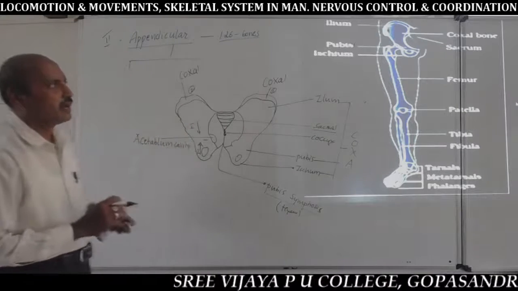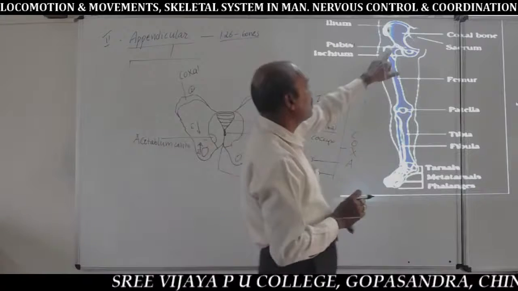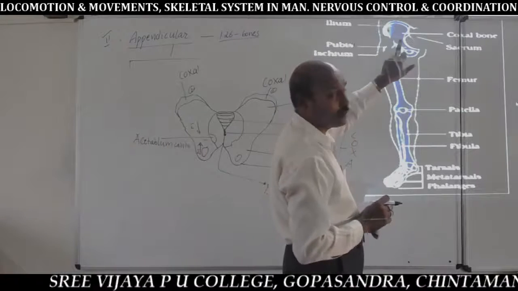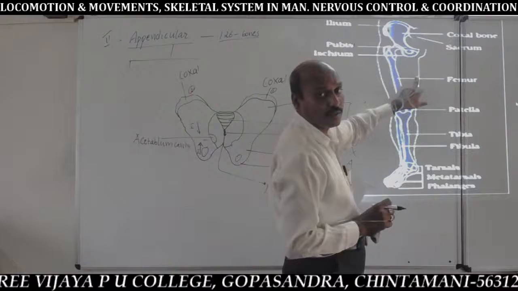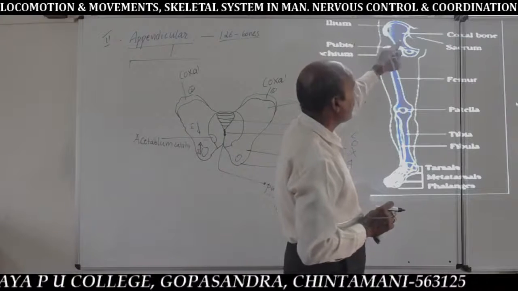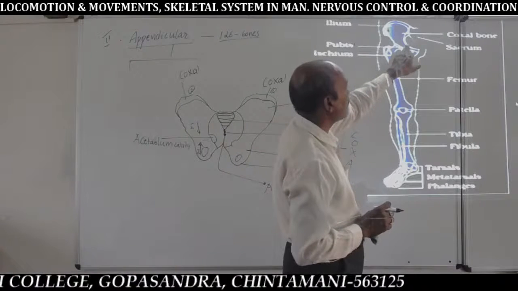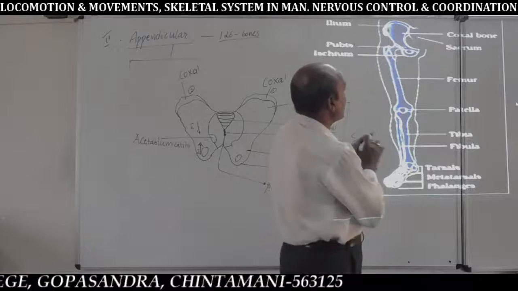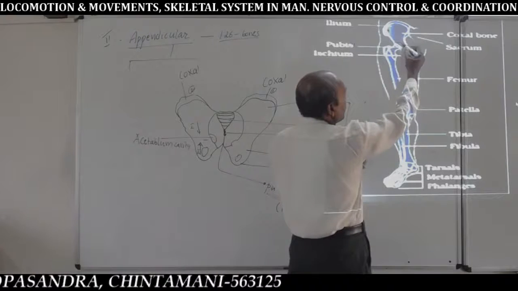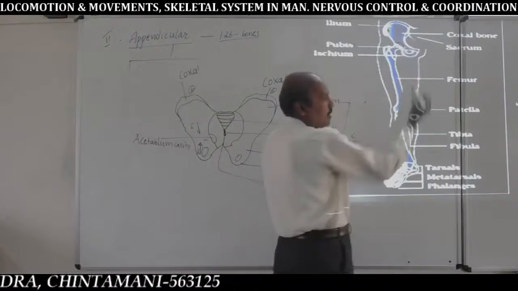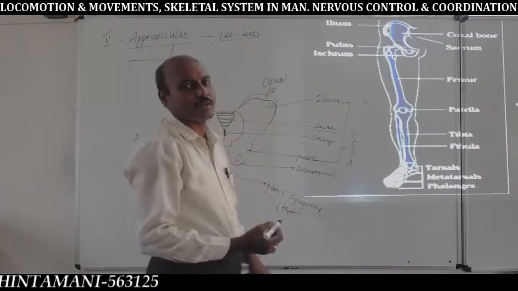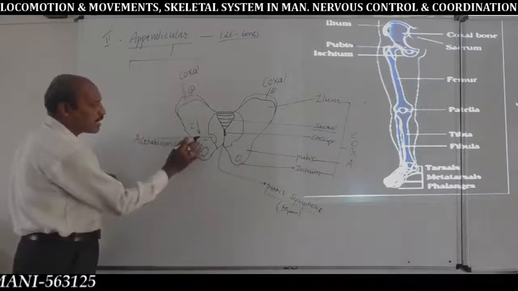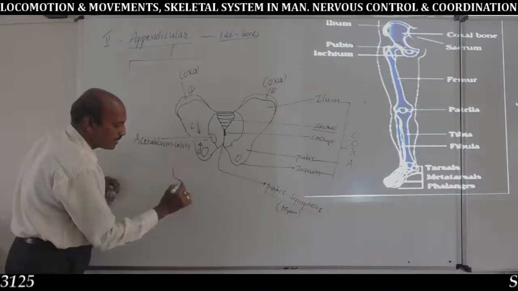Listen here. At the fusion of the three parts, ilium, ischium, and pubis, there is a deep cavity called the acetabulum cavity.